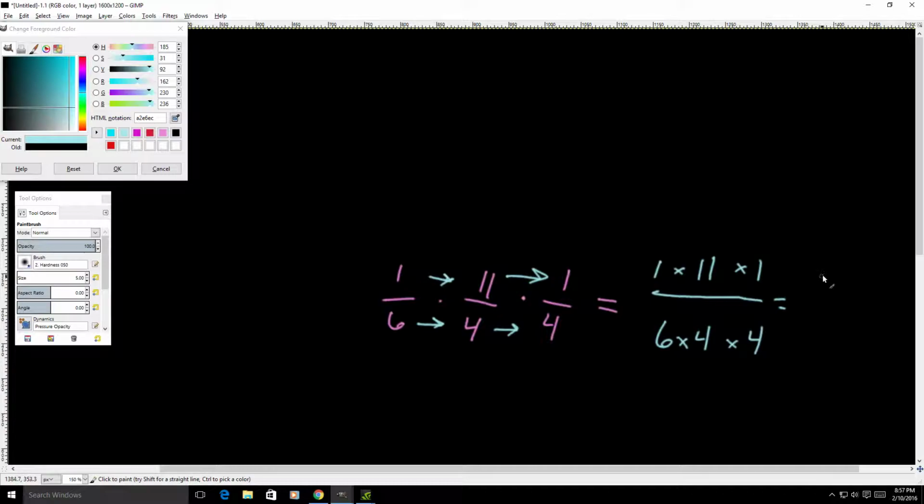On the top, I'd get 1 times 11 is 11 times 1 is still 11, over 6 times 4 is 24 times 4 is 96. Of course, you try to simplify this, but I believe 11 is a prime number, and 11 doesn't go into 96, so this would be your answer. Yep, there's your answer for that one.